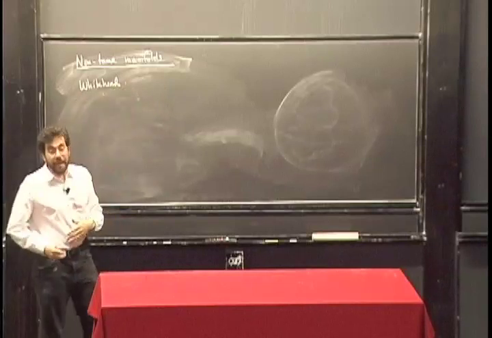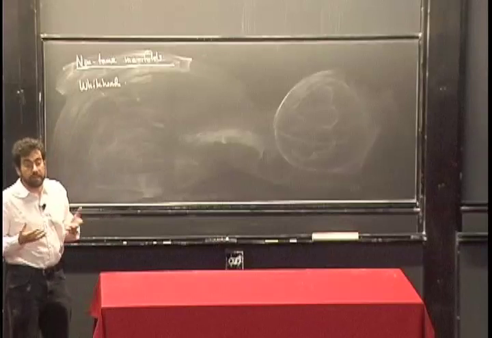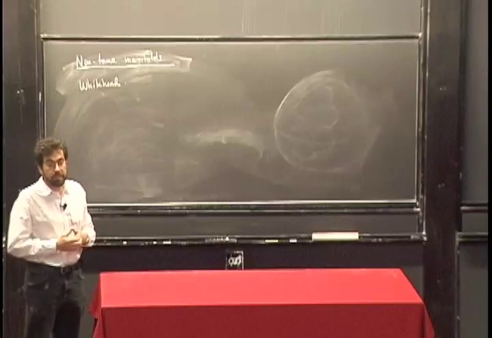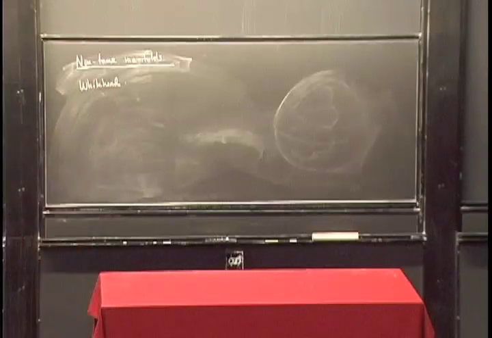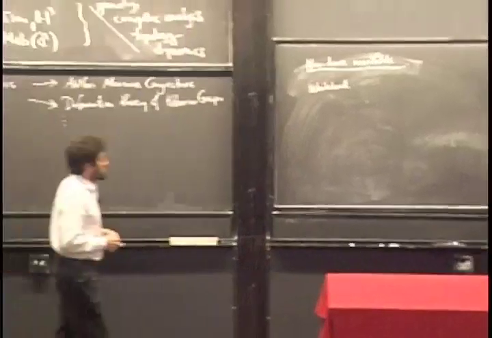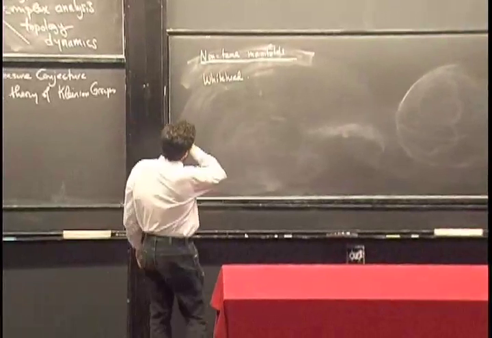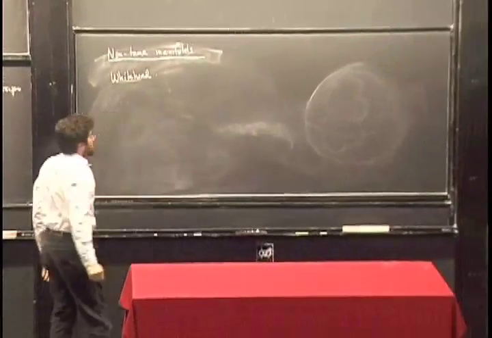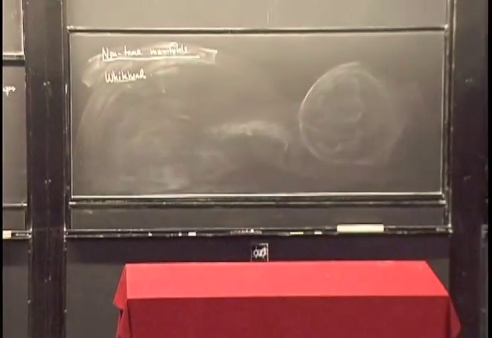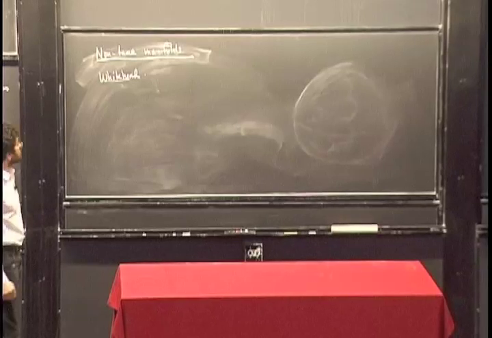But Whitehead built a contractible 3-manifold, which was not homeomorphic to three-dimensional Euclidean space, and it came up because it was sort of one of the ways in which his program for proving the Poincare conjecture was not working. So that's an example of a manifold with trivial fundamental group that's nevertheless not the interior of a compact manifold.